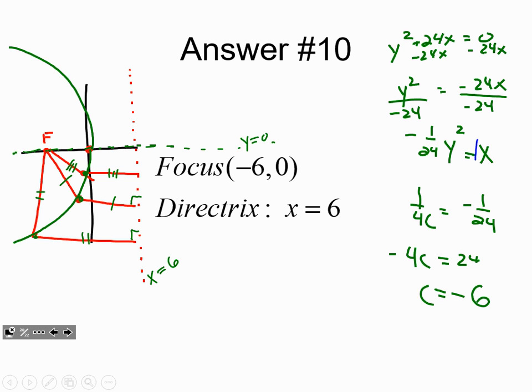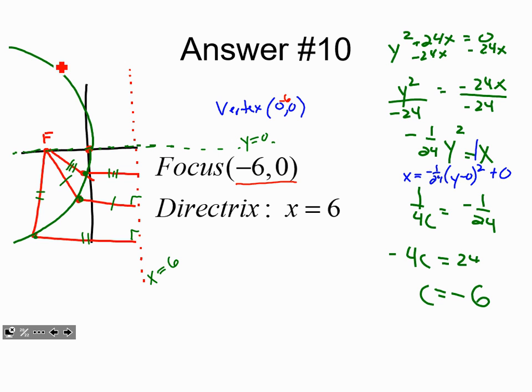So I took my vertex, which on this one, if I wanted to put it in the correct form, would have been x equals negative 1/24 times y minus 0 quantity squared plus 0. My vertex is at 0, 0. So this immediately says, take and subtract 6 from the x coordinate. So I subtract 6 from the x coordinate.